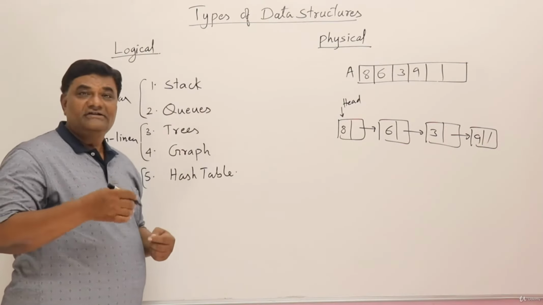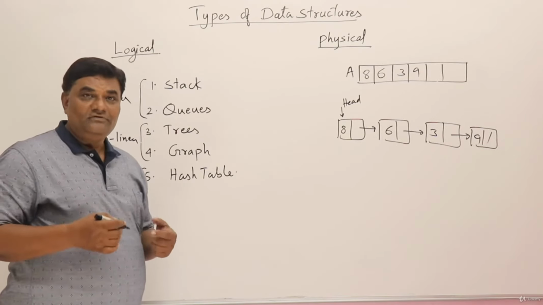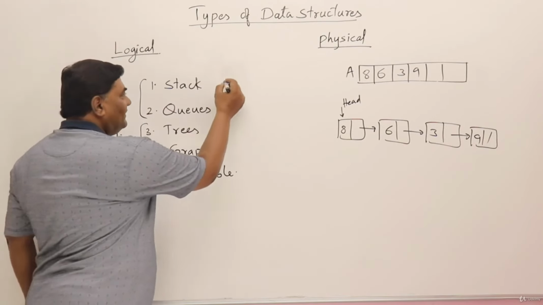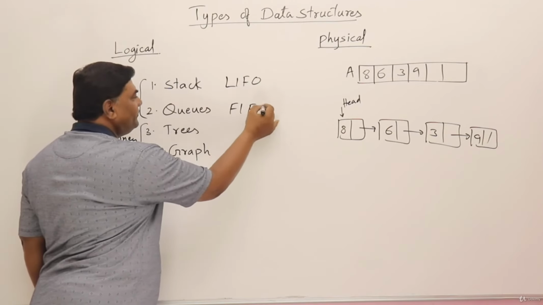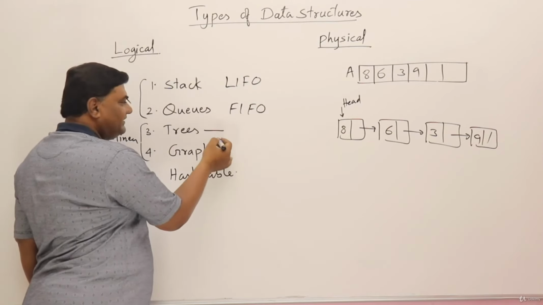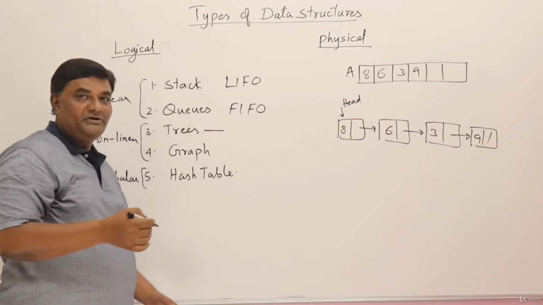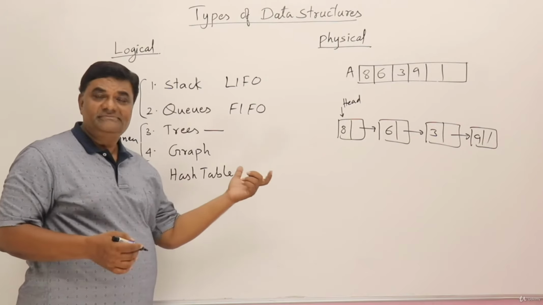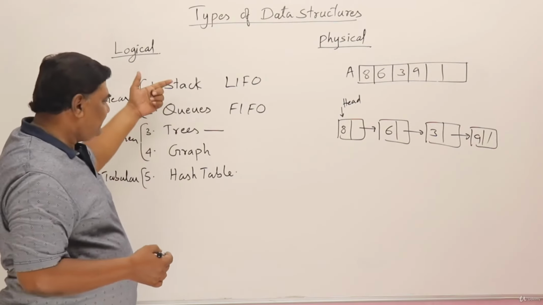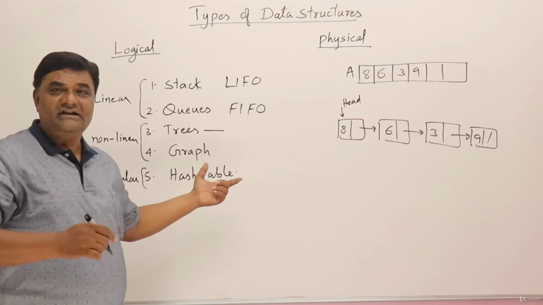Stack works on the discipline that is LIFO, last in first out. Queue works on the discipline that is FIFO. And this is a non-linear data structure. This will be organized like a hierarchy. And this is a collection of nodes and the links between the nodes. So these data structures are actually used in applications.